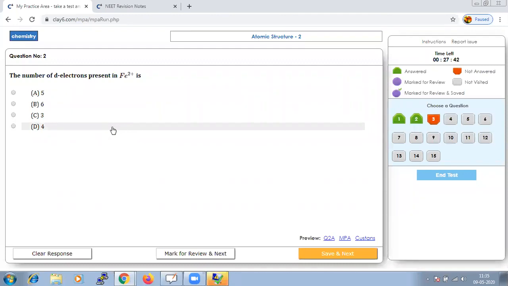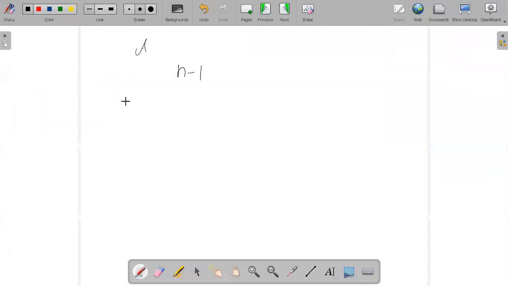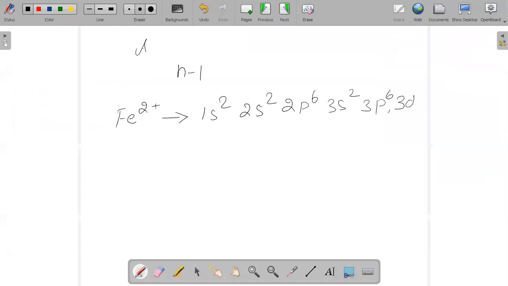Next is the number of d electrons present in Fe2+. It's very simple. If you do the electronic configuration of Fe2+, we can find out very easily how many d electrons we will get. It is 1s2, 2s2, 2p6, 3s2, 3p6, and 3d6.